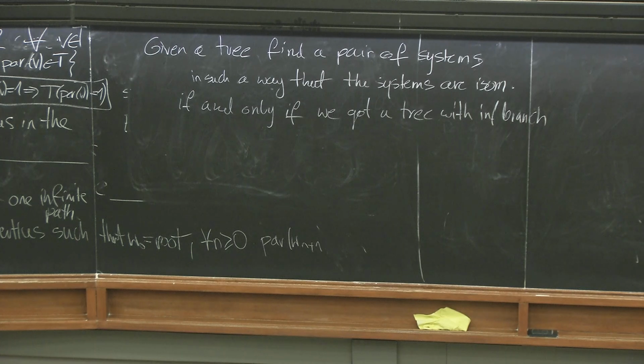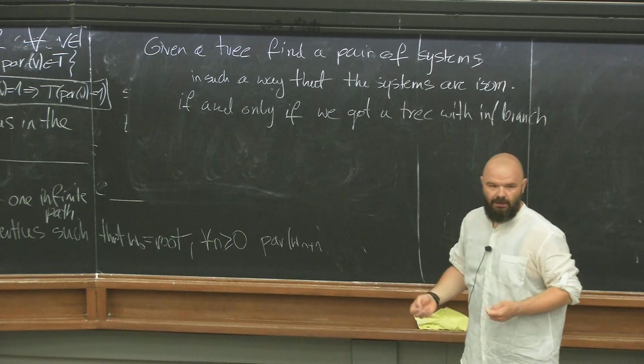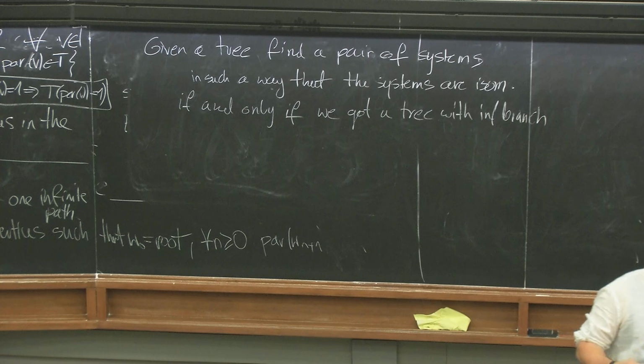our system we want to get in the end, but in such a way that if we get two trees with the same initial coding sequences, this characteristic function, up to some moment, then our constructions should follow the same steps.